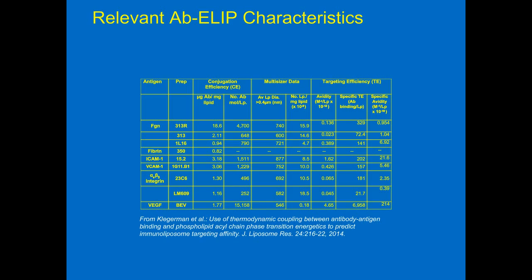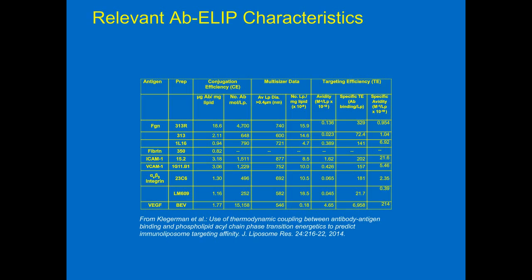We have a number of targets: fibrinogen, fibrin, ICAM-1, VCAM-1, which is another inflammatory marker, and then alpha V beta 3 integrin and VEGF. And we are using a number of different antibodies.